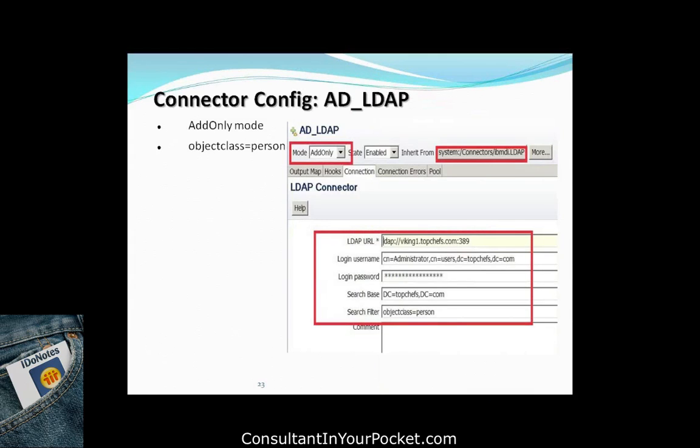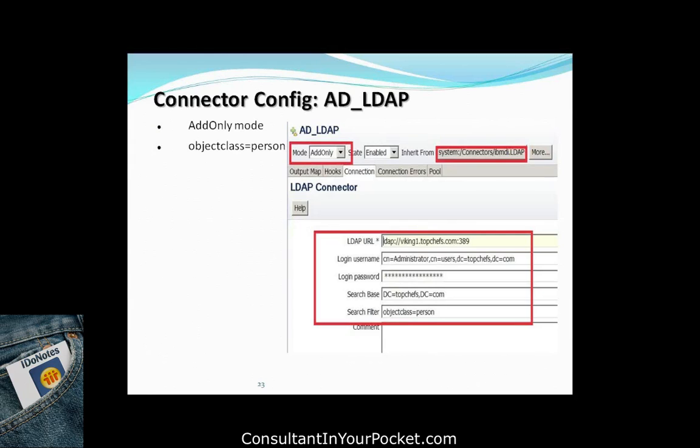We're going to connect it to our AD server, which is Viking1.topchefs.com. We're using a username administrator, CN equal users, DC equal topchefs, DC equal com. The login password is the AD password.